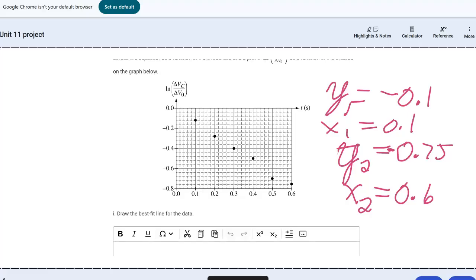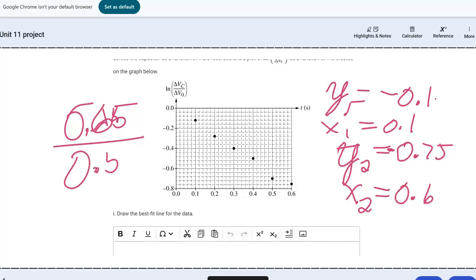So we're going to get 0.65 over negative 0.5. It'll be a negative slope, and that's going to be negative 1.3.